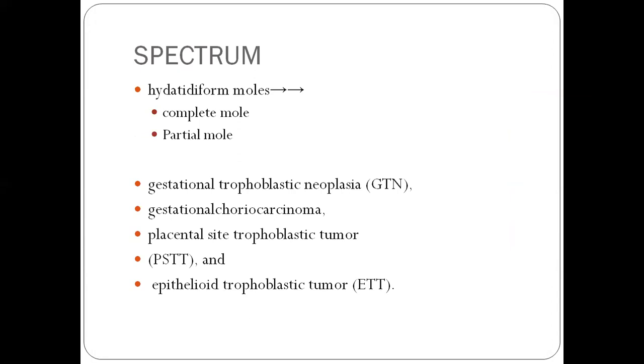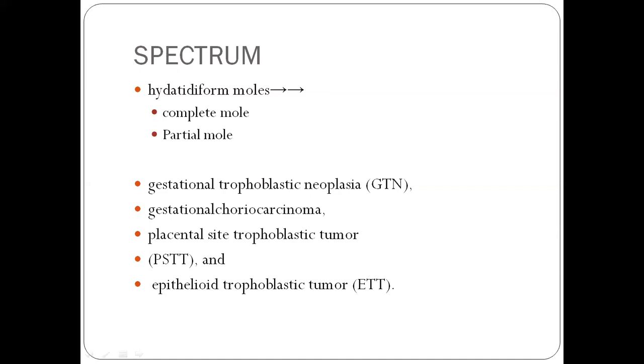Then the other spectrum are the malignant or persistent forms. You have gestational trophoblastic neoplasia, what we call GTN. This is when you have rising beta HCG levels, but you do not have tissue histology or tissue diagnosis. So GTN is the broad categorization, but you can also have gestational choriocarcinoma, placental site trophoblastic tumor or PSTT, and epithelioid trophoblastic tumor, ETT.